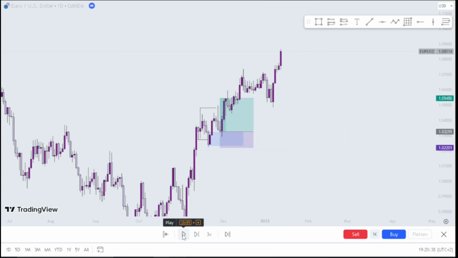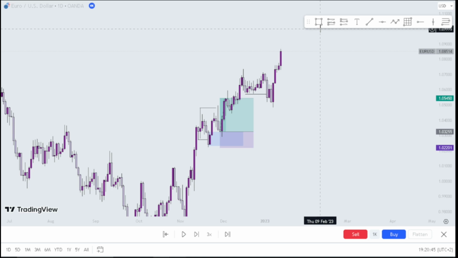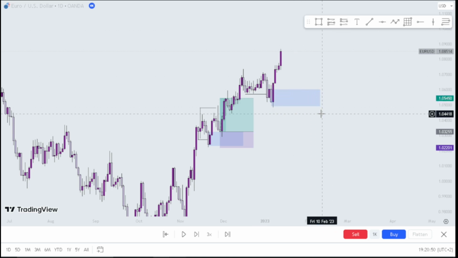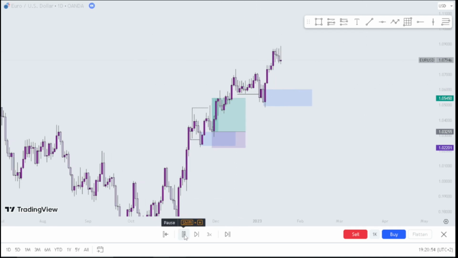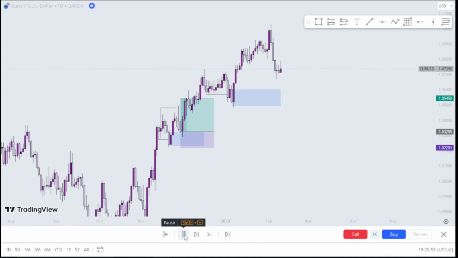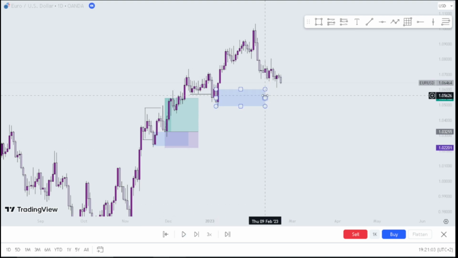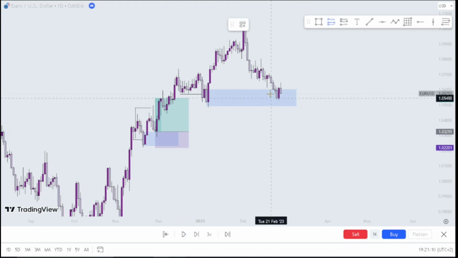Okay, we have another order block. We came, we took out liquidity. Last down close candle before the up move. Let's see if we get an entry. Seems like in this scenario, let's see. Okay, let me put this here. Okay, so we got triggered in there.